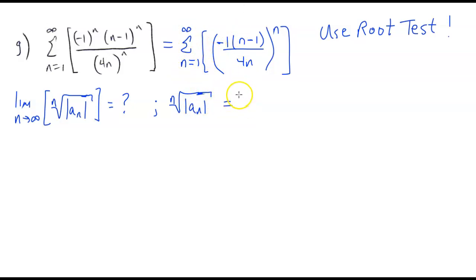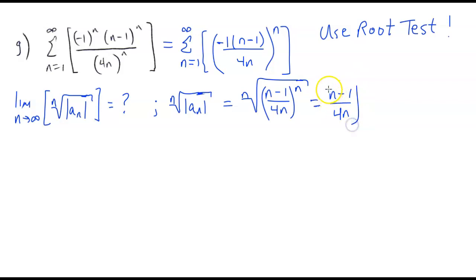So what we're going to have here is n minus 1 over 4n raised to the n, and this is going to be the nth root of that, which in the long run is just this to the power of 1 over n, which is just n minus 1 over 4n.